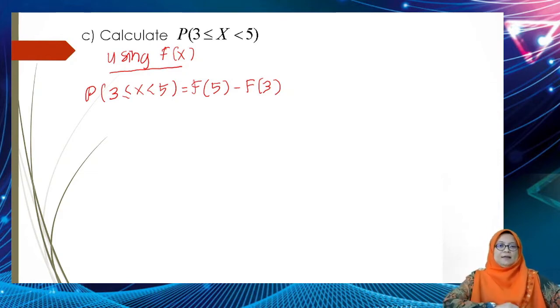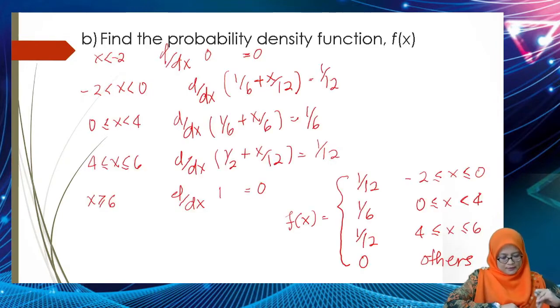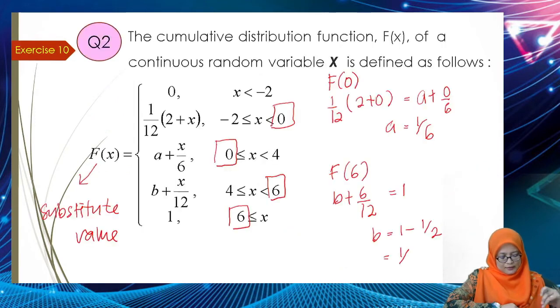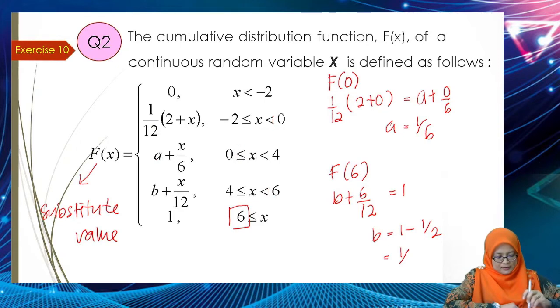Okay, so then daripada awak punya function F besar tadi tu, okay, so kita back balik. Okay, so function F besar kita tadi ni. Okay, so kita tengok balik, kita nak ambil F5. So F5 ni ada dekat interval yang sini.